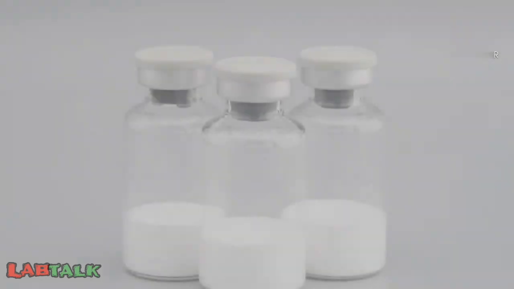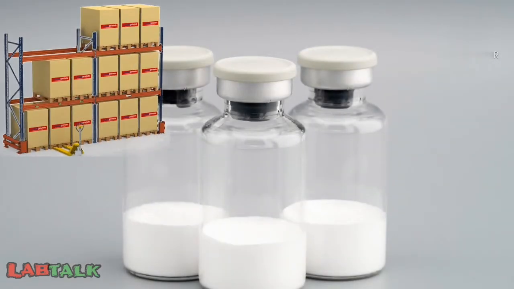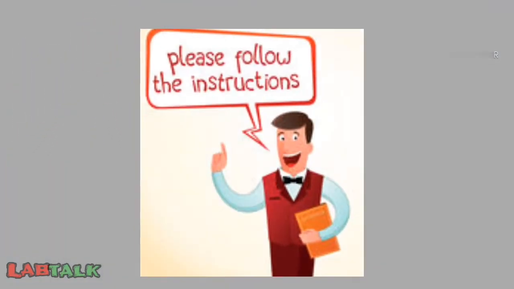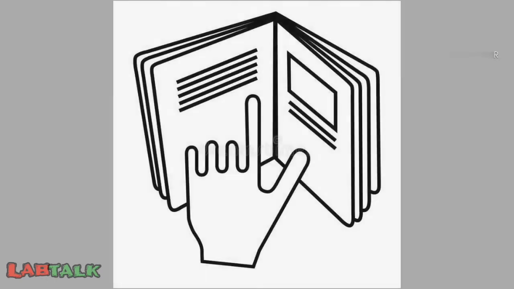This lyophilized QC material should be stored before reconstitution as per manufacturer instruction. It is very important to read the complete kit insert which is provided along with the IQC material for proper reconstitution and storage of the QC material.